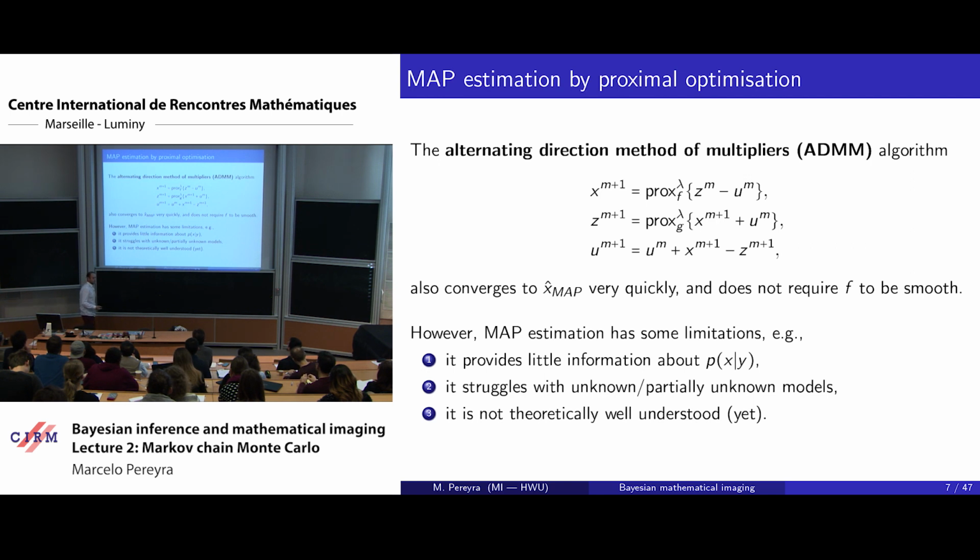Another algorithm that people use a lot is ADMM, the method of multipliers. And here we use the prox of both functions f and g. This is another example of an iterative algorithm where you just use prox operators to minimize the sum of f plus g.